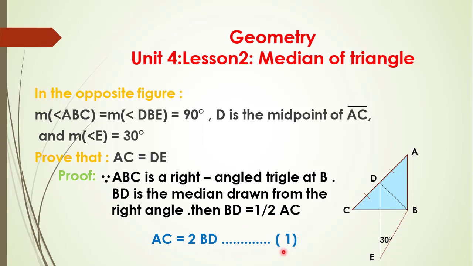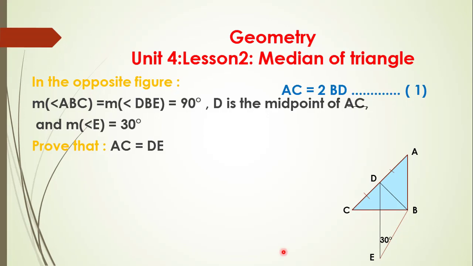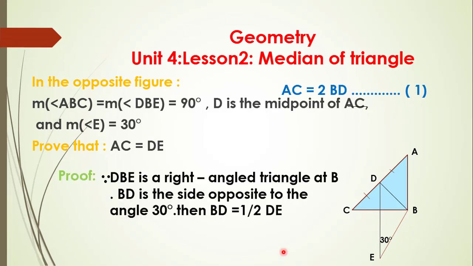Now let's move to the next triangle, DBE. In the triangle DBE, it's also a right angle triangle at B, it's given. BD is the side opposite to the angle 30. So the length of BD is half DE.